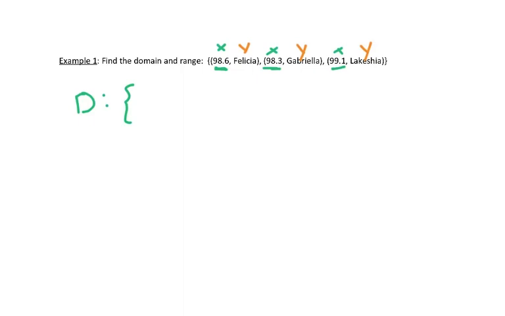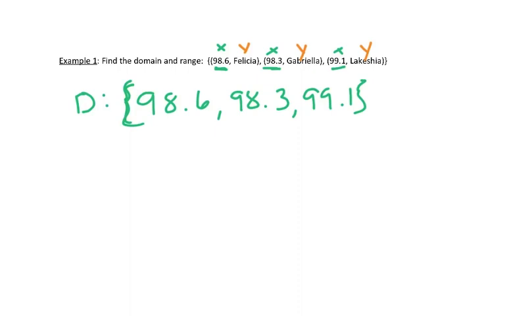So the domain in this case would be {98.6, 98.3, and 99.1}. We write it as a set, so that's why we have the squiggle braces at the end, commas in between each piece.